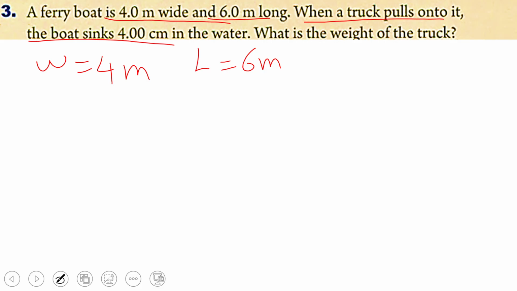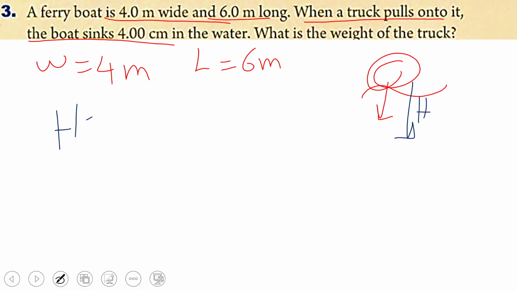In that case, when a truck pulls on it, for example, we have any object. If the object sinks, goes under the water, of course, we know that it takes some distance under the water. So this distance is called h, depth. So h equals 4 centimeter.